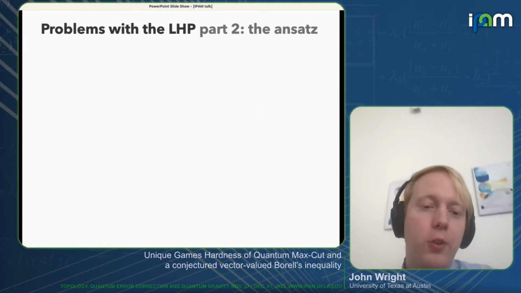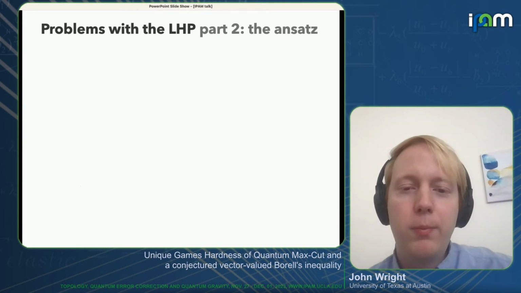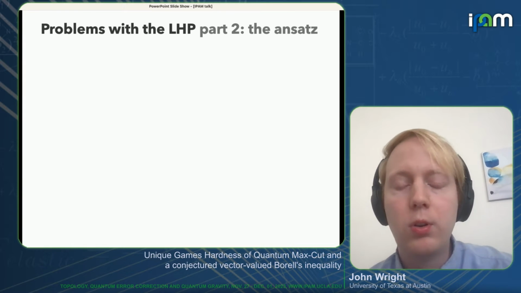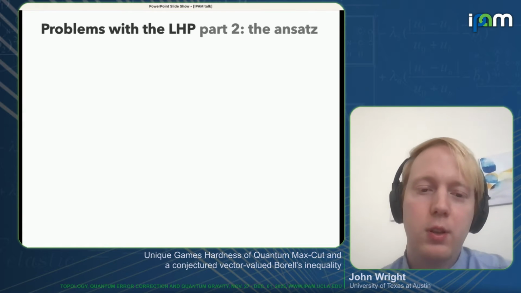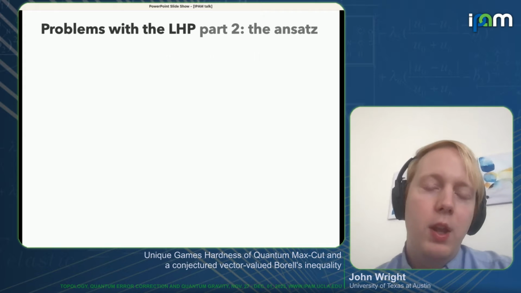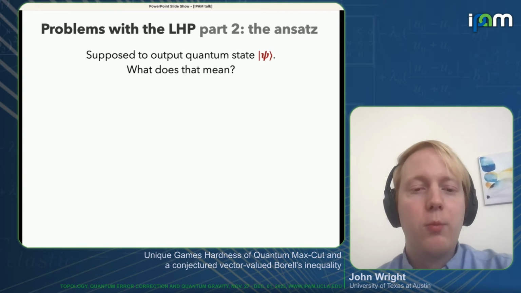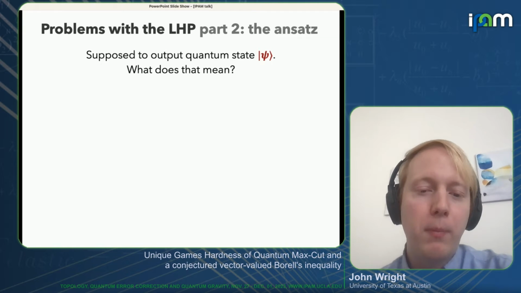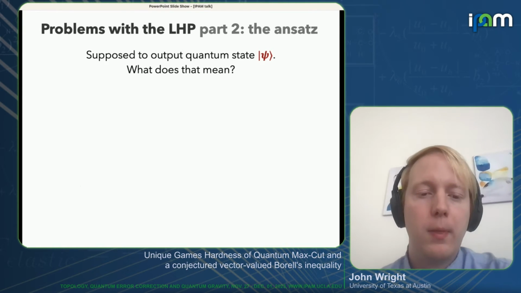There's another problem with the local Hamiltonian problem that is unique to it and doesn't occur at all in the classical world, which is known as the ansatz. For your local Hamiltonian algorithm, what you're supposed to do is output a quantum state psi with a large energy. What does it mean to output a quantum state psi?